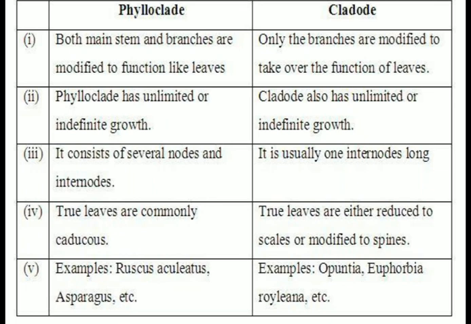Let's first discuss phylloclade. Both main stem as well as the branch are modified to function as leaves, and these two modifications of the stem, the phylloclade and the cladode, are found in xerophytic plants, where the leaves are either reduced to scales or spines or needle-like in order to overcome the scarcity of water in such places and reduce the process of transpiration.